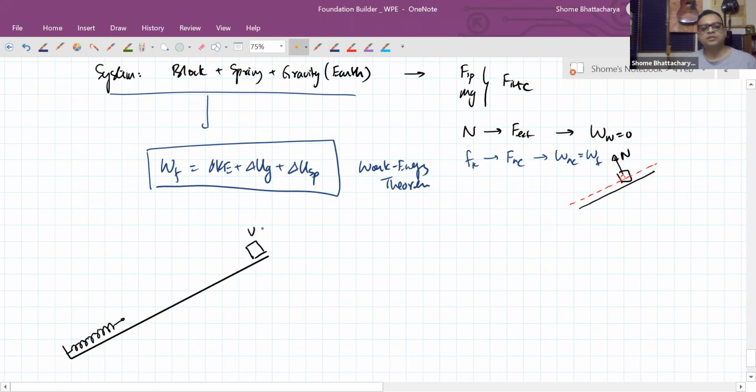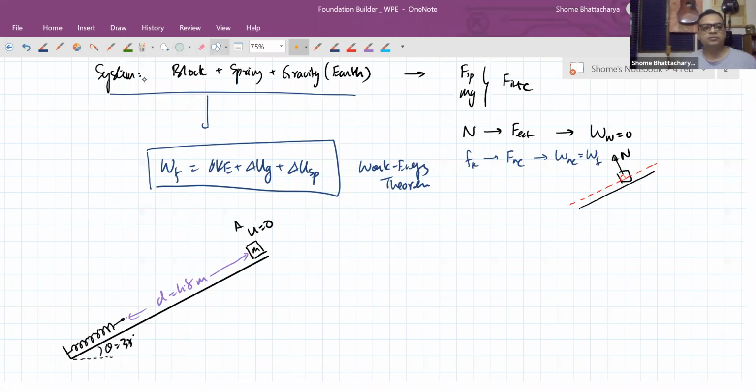Let's say the block started from here with initial speed at the point which we have designated as A. And this distance we have taken as D, 4.8 meters. This angle is 37 and all that.